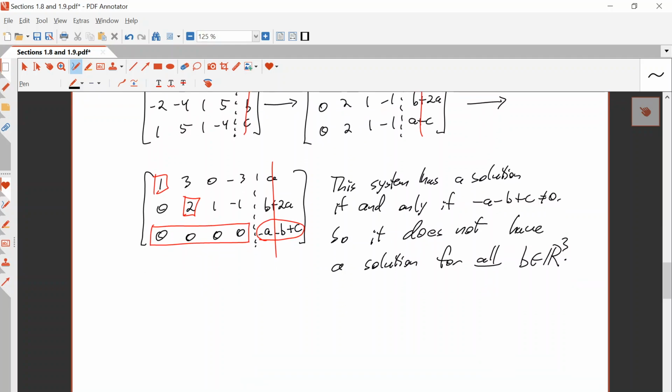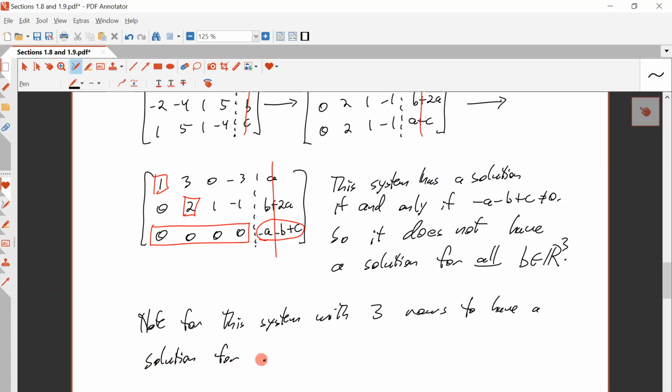Okay? Side note. Now, for this system with 3 rows and however many columns to have a solution for all b in R3, we need a pivot in each row.